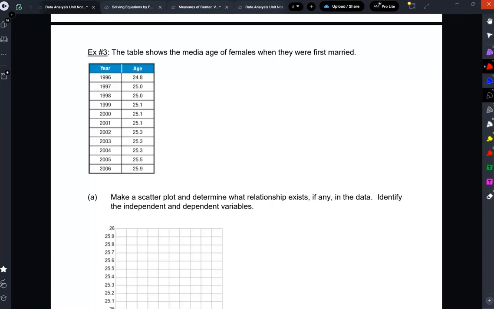Okay, take a look at this one. The table shows the median age of females when they were first married, right?